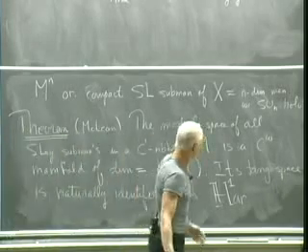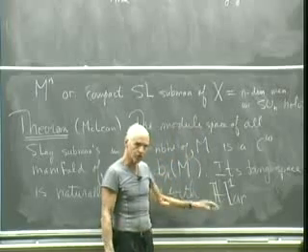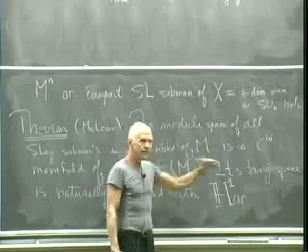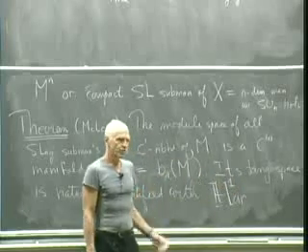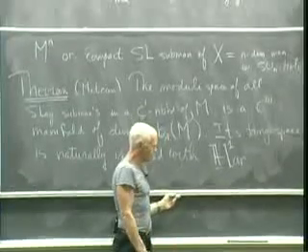So not only can you identify the first order deformations of a special Lagrangian manifold, but all the first order deformations actually can be integrated up to one parameter families. This is the analog of what happens in complex analysis, right?